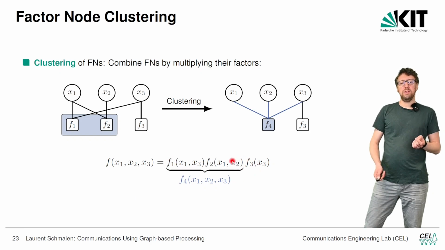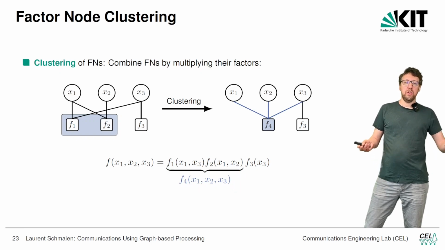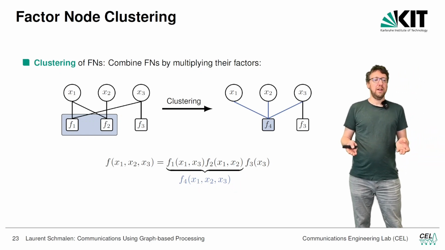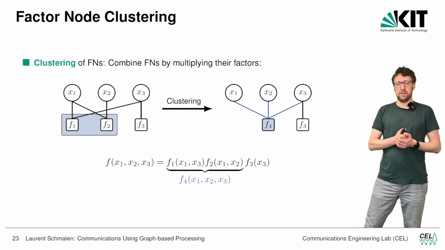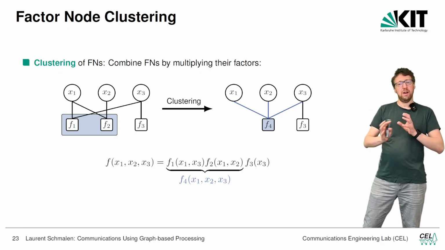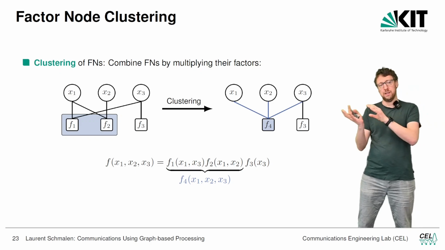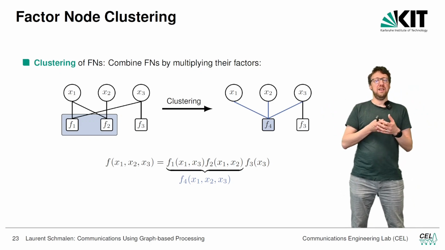Now we group those 2 functions into a new function f4, which now depends on x1, x2, and x3. This is just a different way of expressing this factorization. We can just modify this as we like. So either we have the full factorization or just this partial representation where we cluster the nodes.